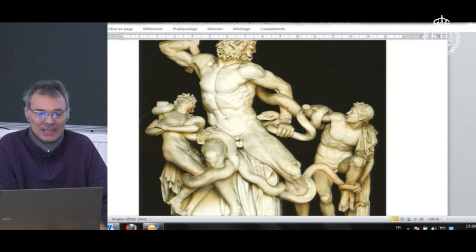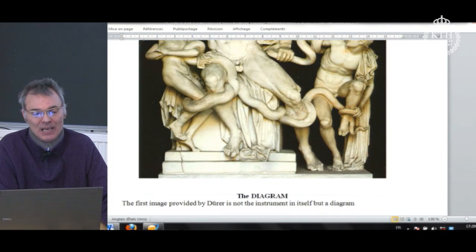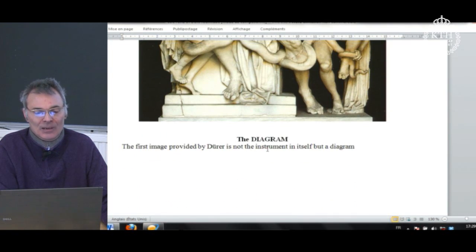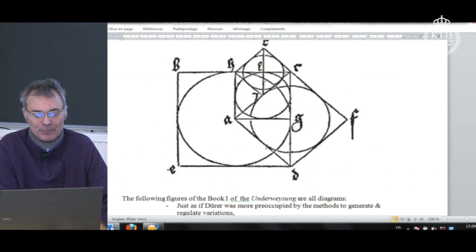But the polite answer is perhaps a kind of rivalry with Michelangelo, and especially with the model that Michelangelo took for many of his works afterwards, the statue of the Laocoön, which was rediscovered in 1506, so precisely just after Dürer left Italy on his second trip south of the Alps.